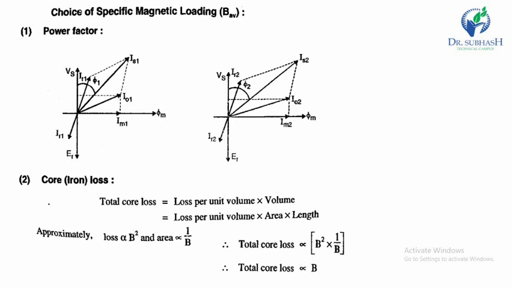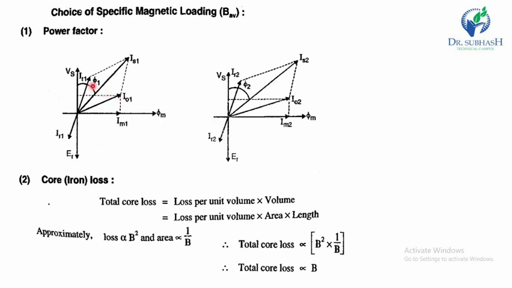When a higher value of flux density is taken, the magnetizing current required is large, and as the magnetizing current is in quadrature with the voltage, the power factor of the machine becomes poor. In the figure, we show the effect of increased magnetizing current from IM1 to IM2. Here we see the magnetizing current increases. Now, due to the magnetizing current, the angle phi between the voltage and current is increased.